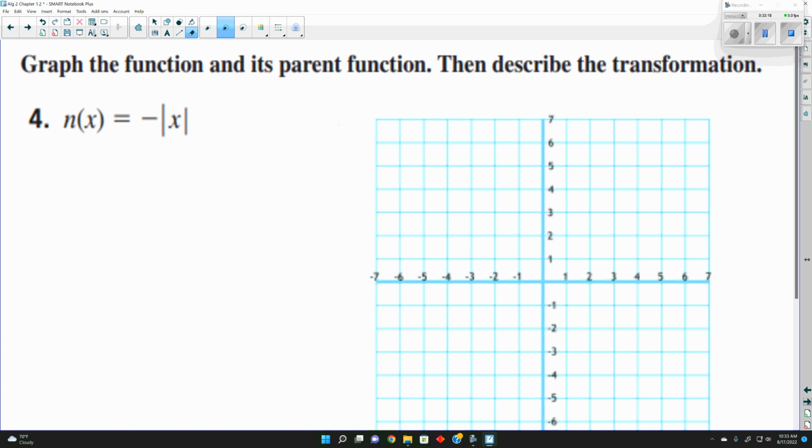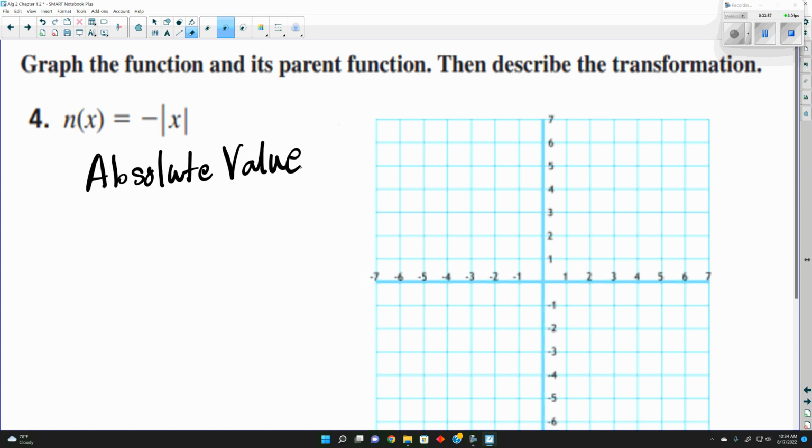This one is absolute value. Do we have anything being added or subtracted inside or outside the parentheses? But there's a negative, yes? And negatives deal with what kind of movement? Not up or down. I didn't actually write it. Reflection. Yep. Because if it's attached to something as a negative, changing the sign, then we're talking about reflection. Because we're not actually talking about adding or subtracting something.